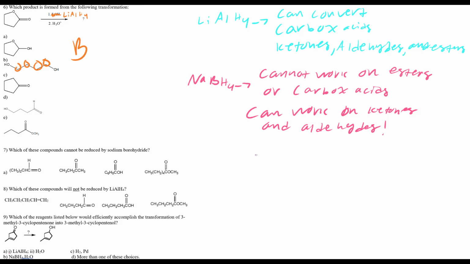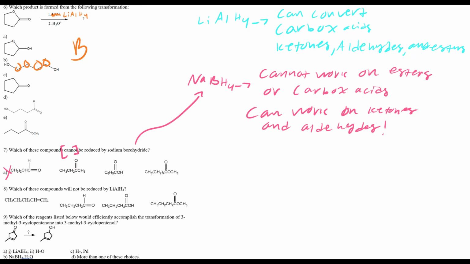Okay, so for number 7, which of these compounds cannot be reduced by sodium borohydride, which is this guy? So which one cannot work? Well, over here on this center carbon, that is an aldehyde. And we do know that for sodium borohydride, an aldehyde can be converted into an alcohol. So this is not correct because it can happen.